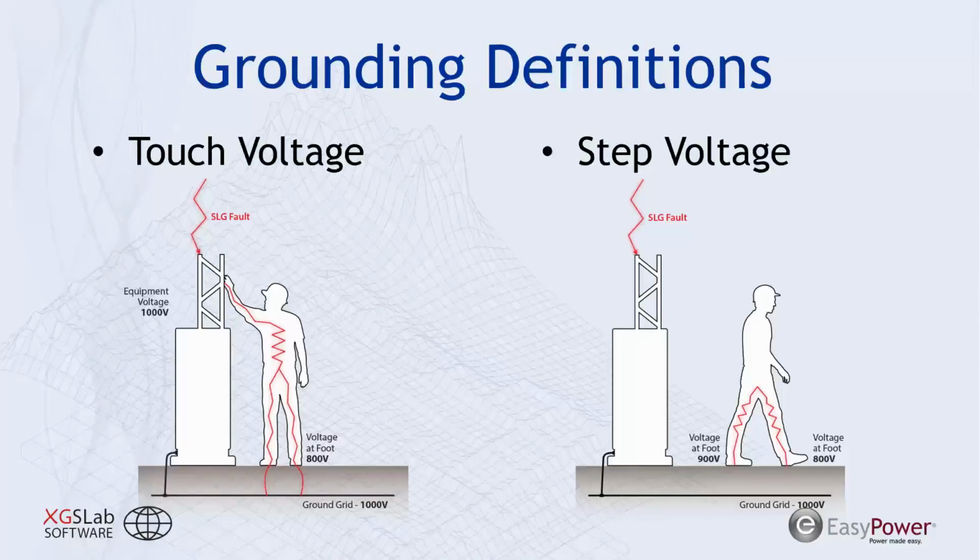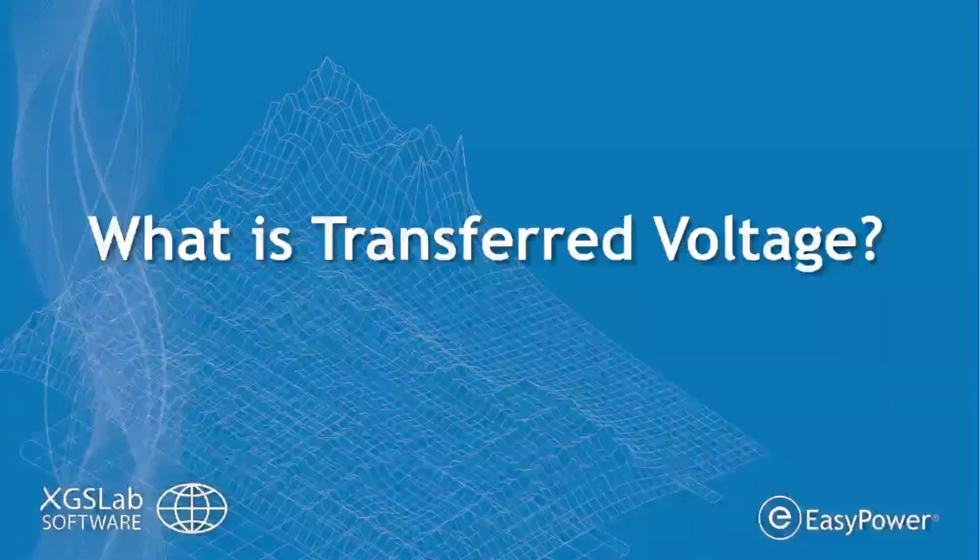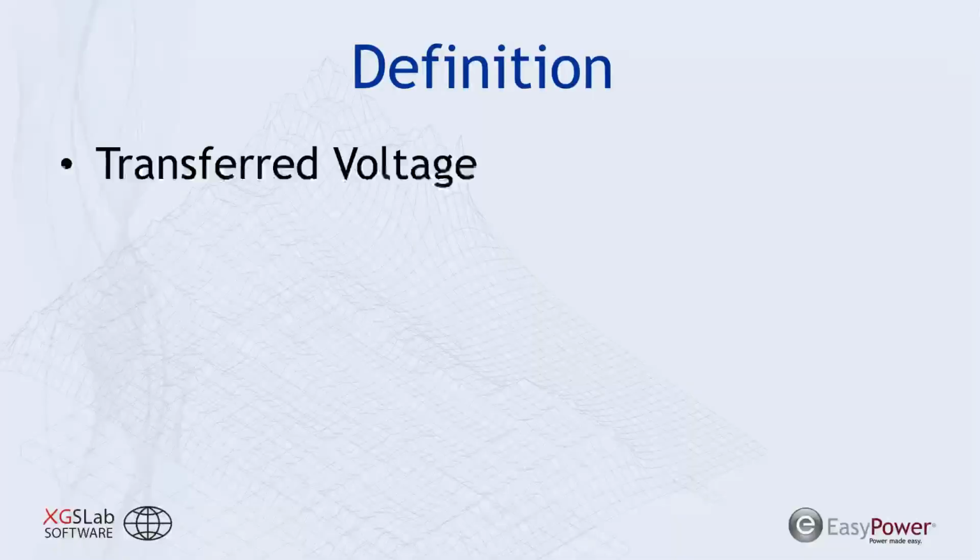And what I'll talk about in this webinar is generally referring to the compliance criteria associated with IEEE Standard 80, which is the personal protective standard for substation grounding. So now we have a little bit of a basis. We can start to define transferred voltages.